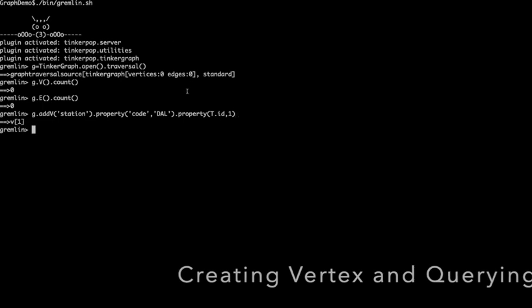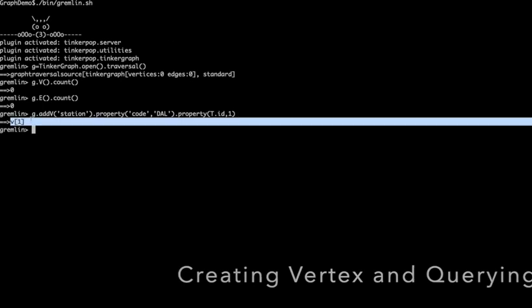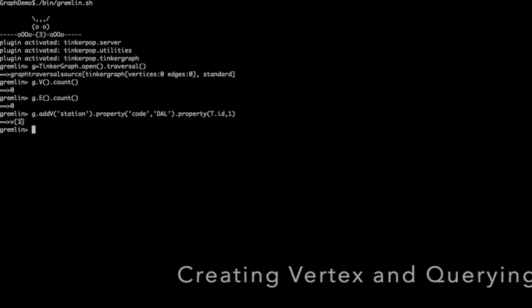The moment you press enter, it created a vertex with the ID number 1, but it is not going to give you any details about that vertex. So now if you want to see my vertex, type g.V, and if I want to see all the values of this vertex, then use the valueMap method. The valueMap method takes a boolean argument, true.